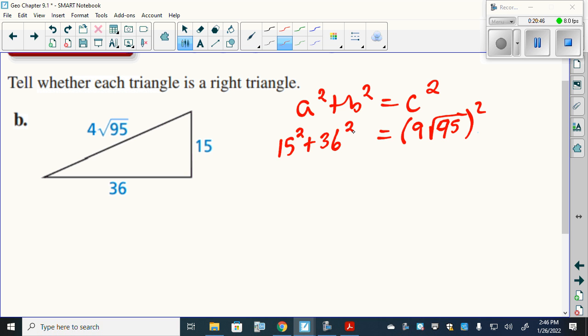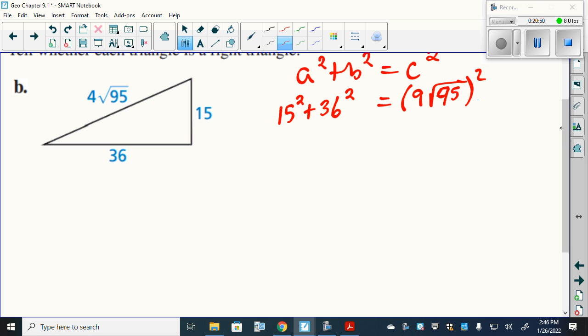Sweet. Now at this point here, we do need to figure out what 15 squared plus 36 squared is. 1,521. Now we do need to plug in. This should be a 4.